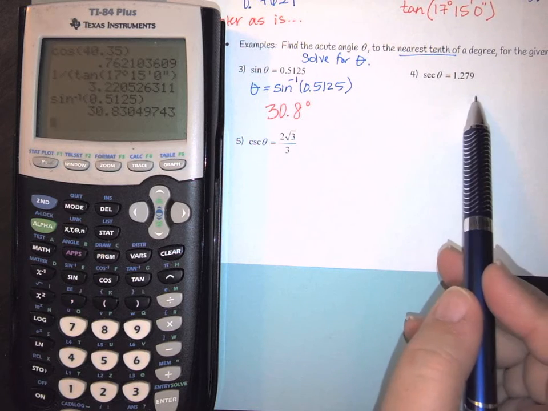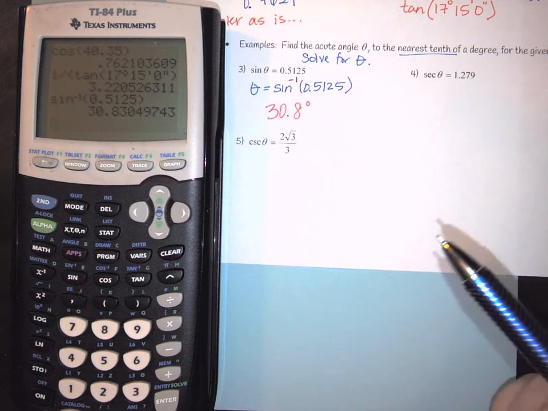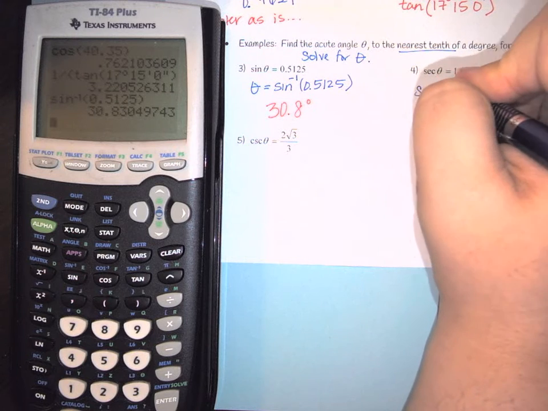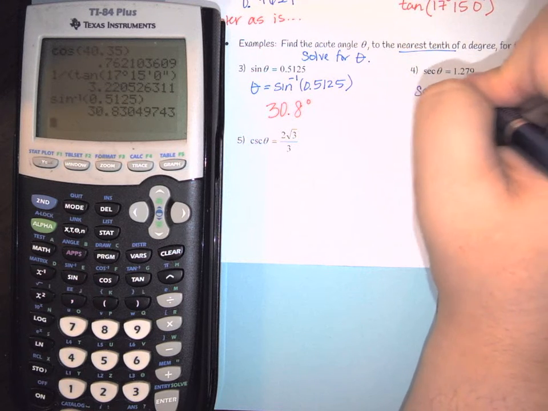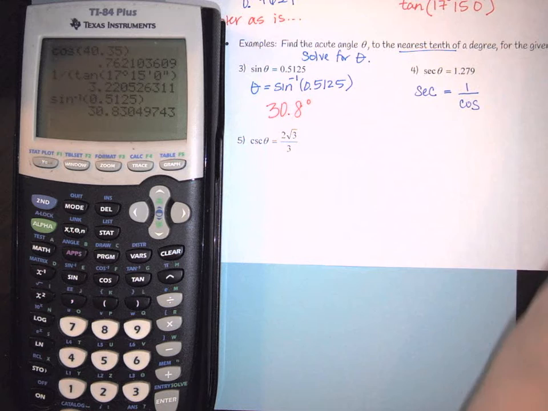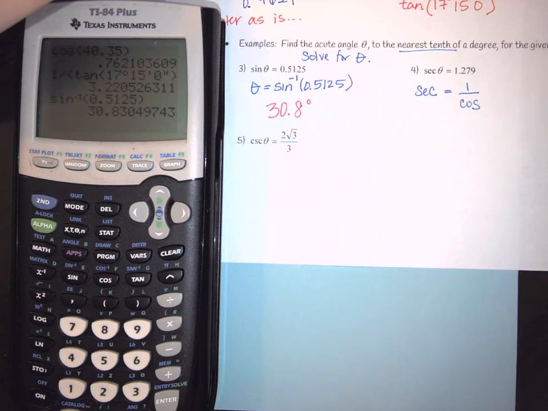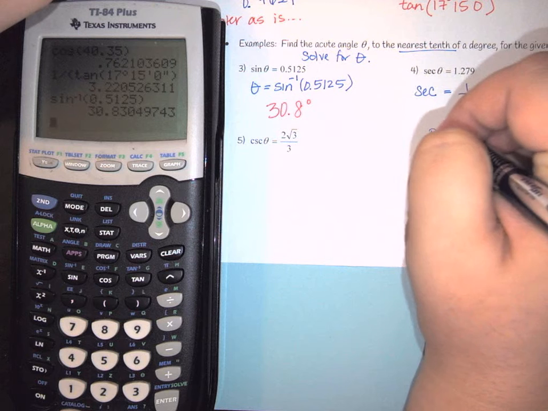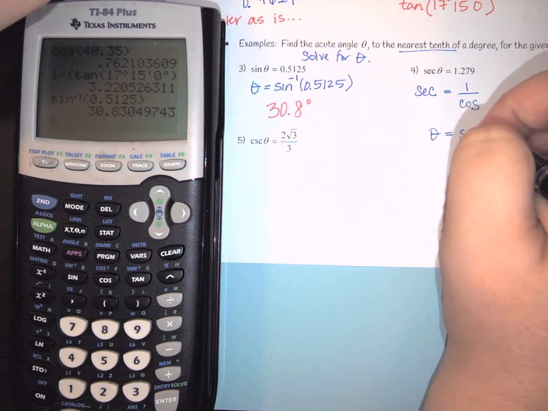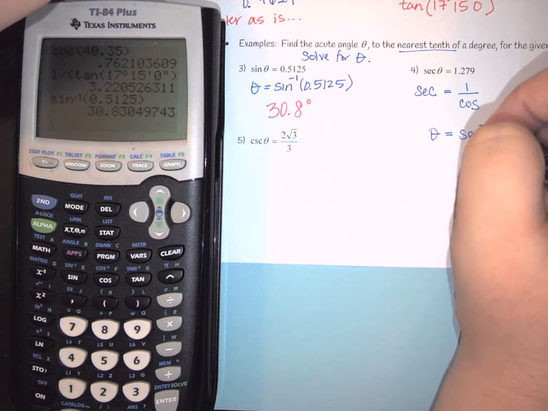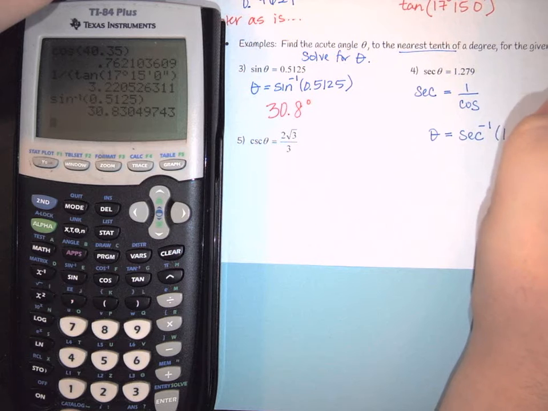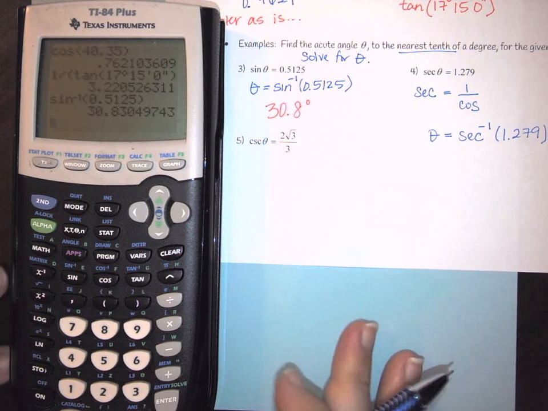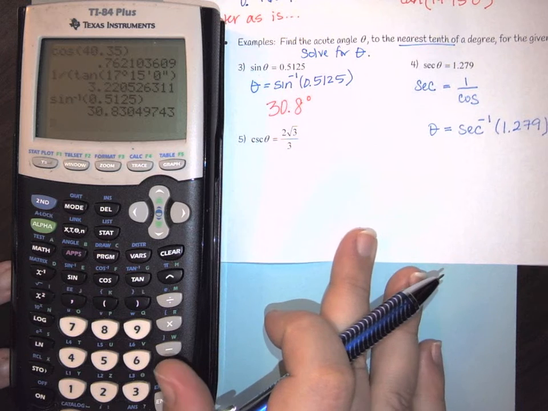Now over here, let's look at secant. So what do we know about secant? Well, first we know that secant is the same as 1 over the cosine. Furthermore, in this problem, my theta is going to be secant to the negative first of 1.279. Well, I don't actually have a secant button, at least not on this calculator.